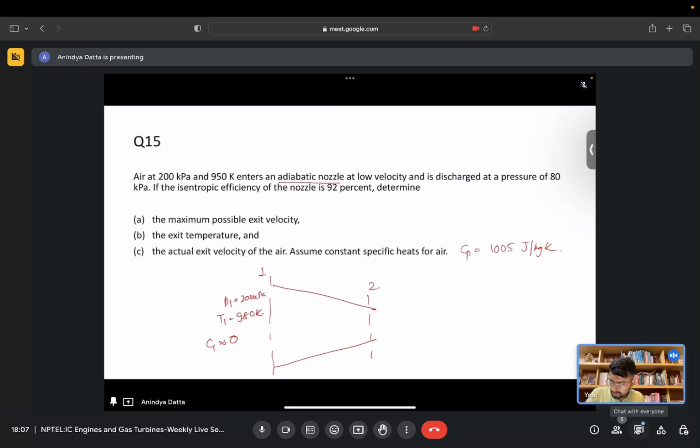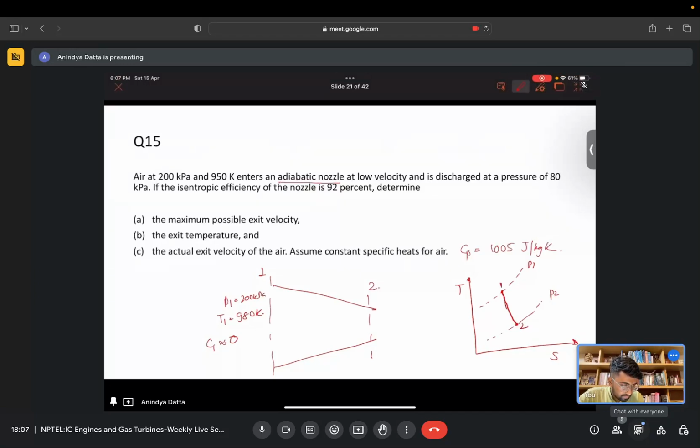Now let me draw the TS diagram. This is our P1 line, this is our P2 line. The flow is going from somewhere here to here, right? Now if the flow would have gone from here to, let's say, 2s, right? So the first question is the maximum possible exit velocity.